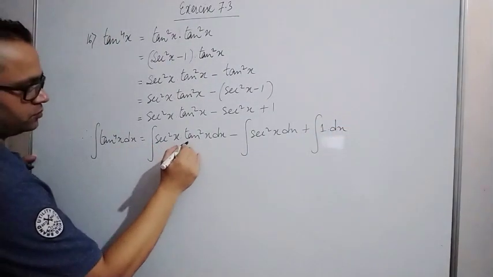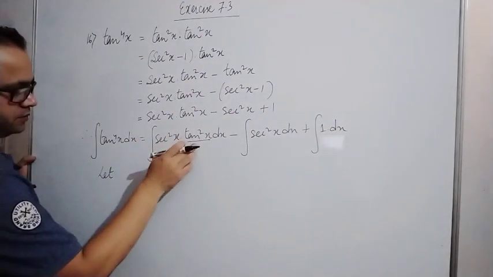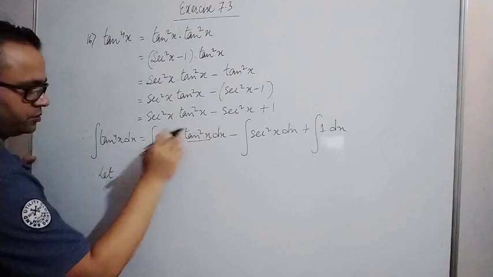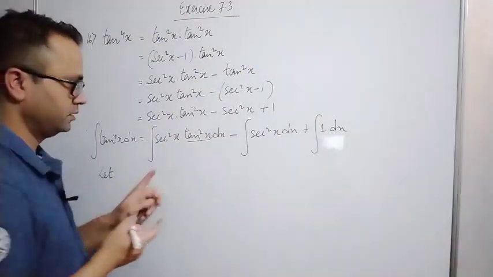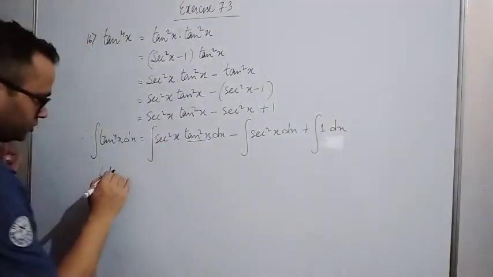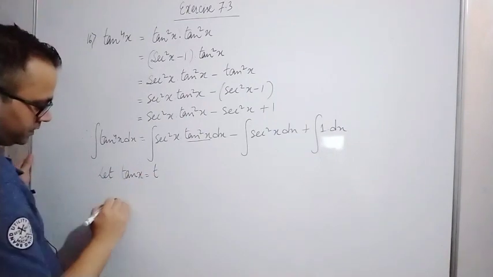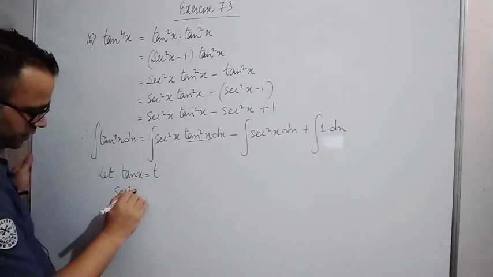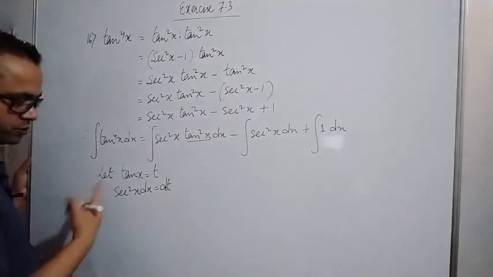So here we will substitute tan x, because the differentiation of tan x is sec square x. Differentiation of tan x is sec square x. So let tan x equal t. It is sec square x dx equals dt after multiplying with 1.